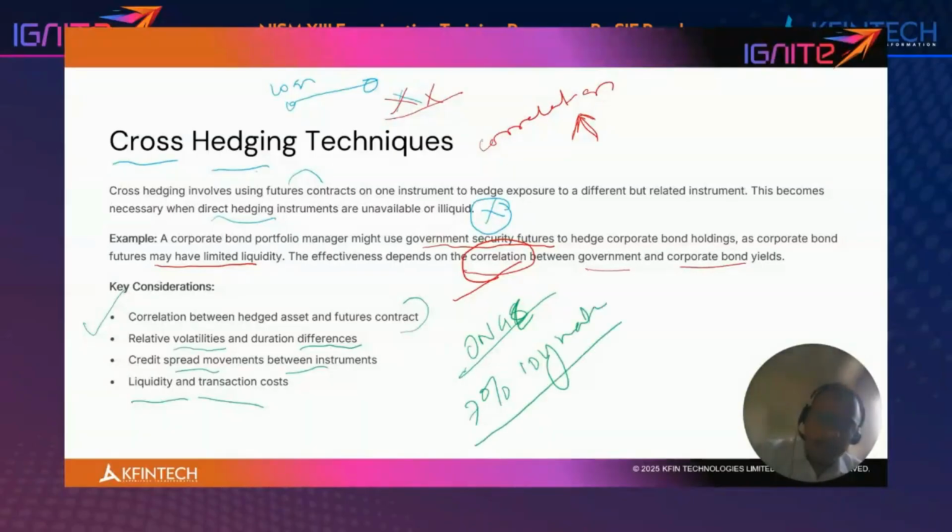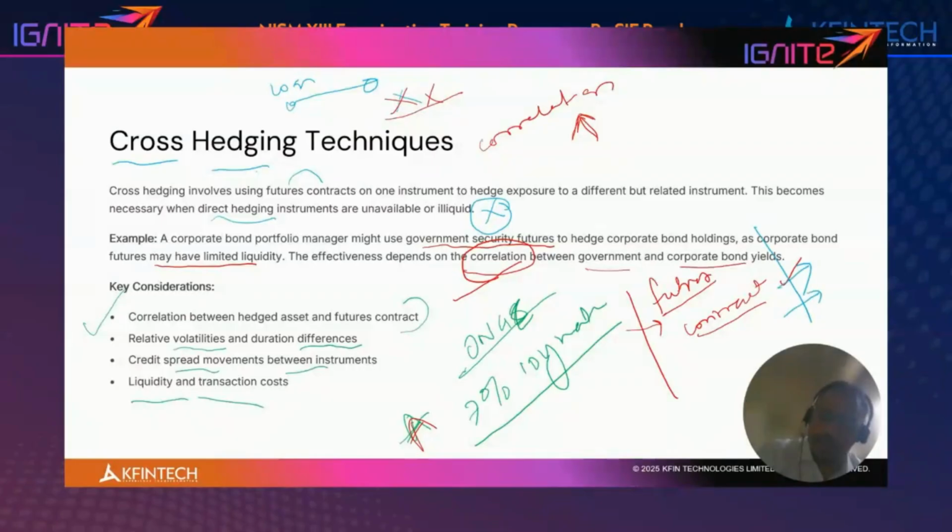Now this is an asset that I have. I want to hedge this, but when I go into the futures market, I'm not finding any contract which is similar to my asset. So I go to the futures market. This was the corporate bond market.